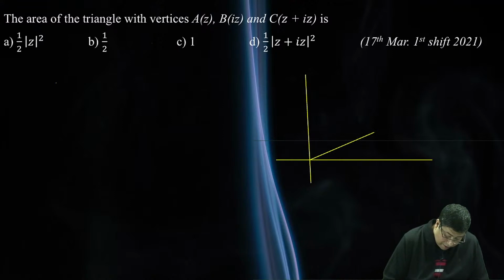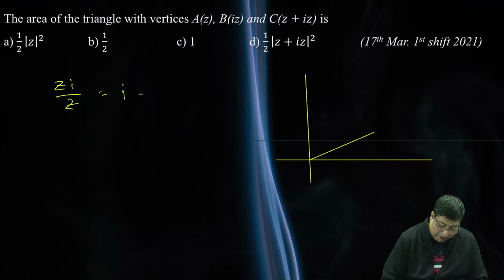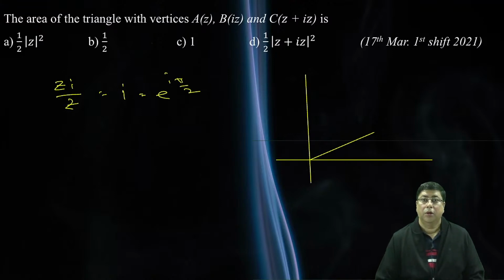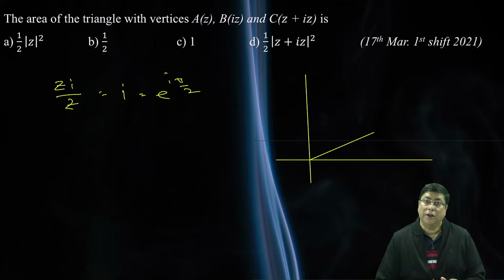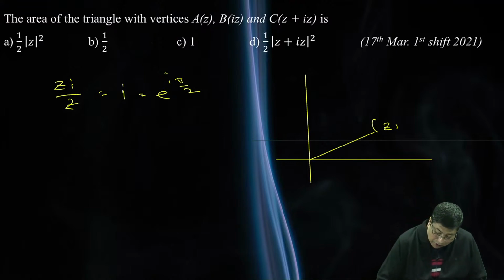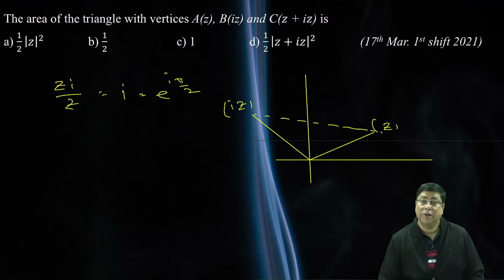we know that Iz by Z equal to I, that is e to the power I pi by 2. It means when Z is rotated to Iz, it is 90 degree, okay, 90 degree rotation. Suppose this is a Z point, so this is the Iz. And the resultant is Z plus Iz.